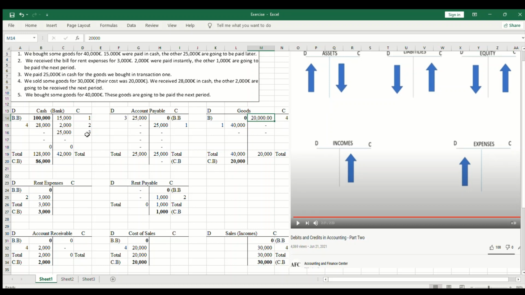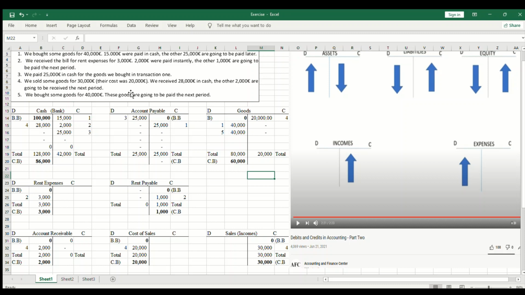Okay, and in the end we have transaction 5, which says we bought some goods for 40,000 euros. These goods are going to be paid the next period. So in transaction 5, goods are increased for 40,000 euros. So we have to debit goods for 40,000 euros.